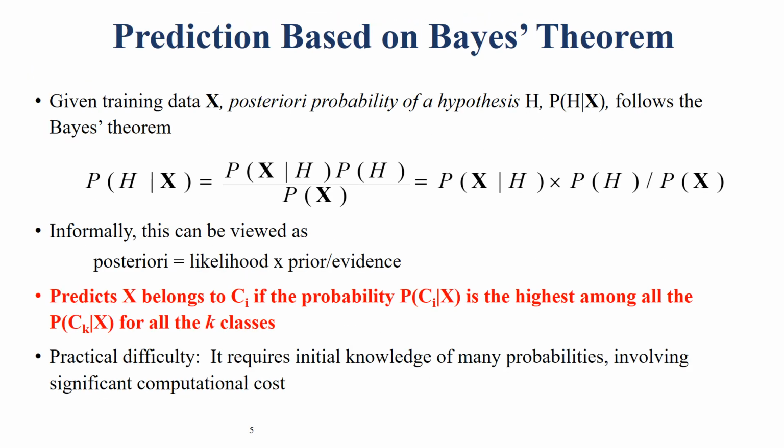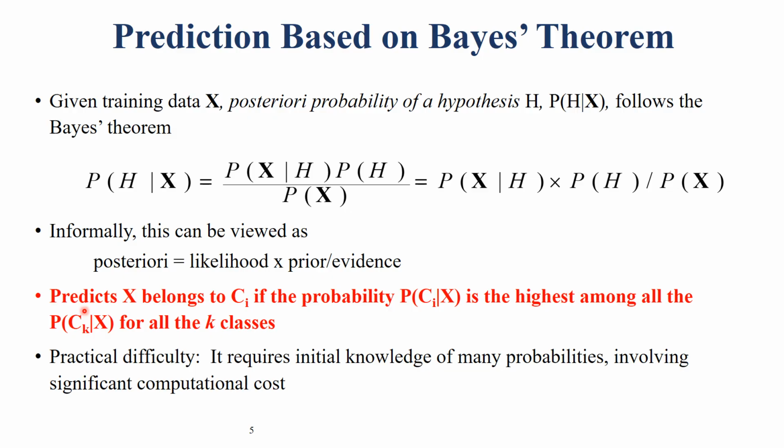Prediction based on Bayes' theorem. Given the training data X, the posteriori probability of a hypothesis H, that is P of H given X, follows the Bayes' theorem: P of X given H into P of H divided by P of X. That could be viewed as the posteriori probability equal to the likelihood into the prior probability divided by the evidence.